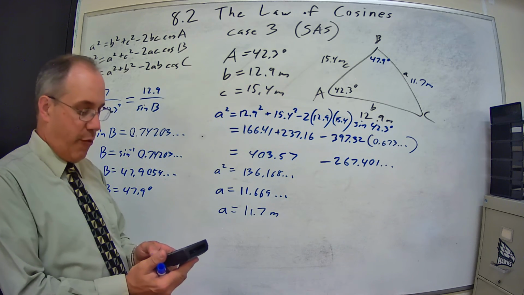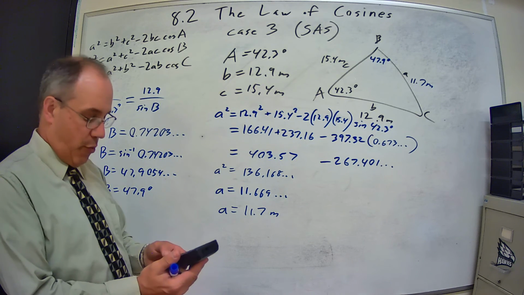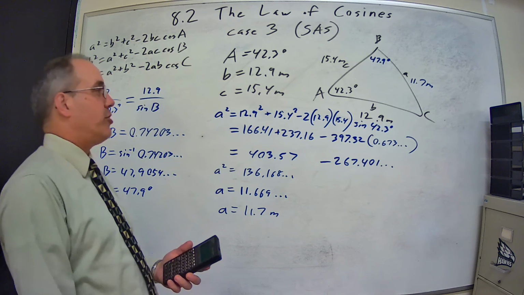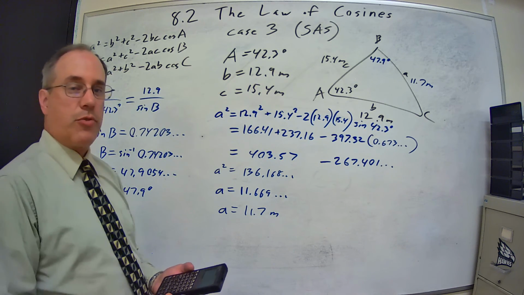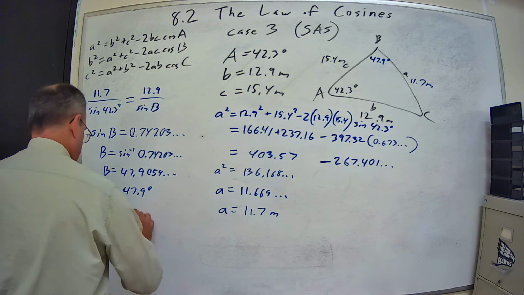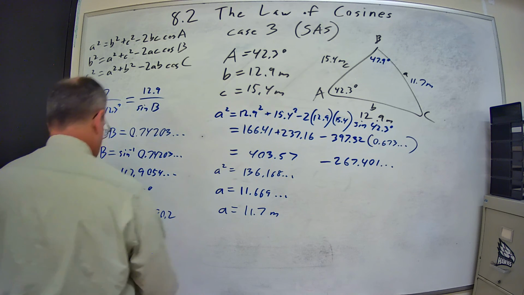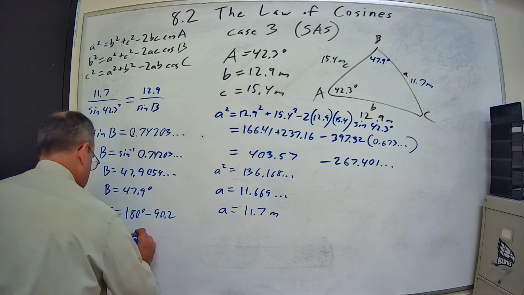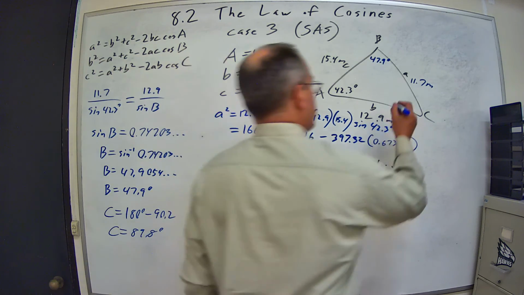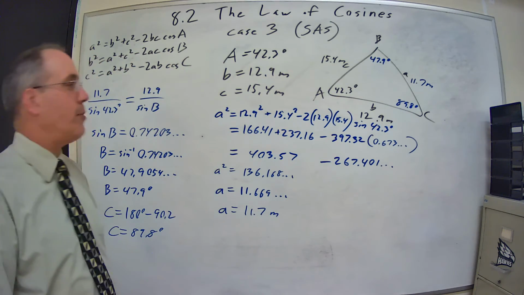So if I add 42.3 and 47.9, I get 90.2. So C is equal to 180 degrees minus 90.2. So C is equal to 89.8 degrees.